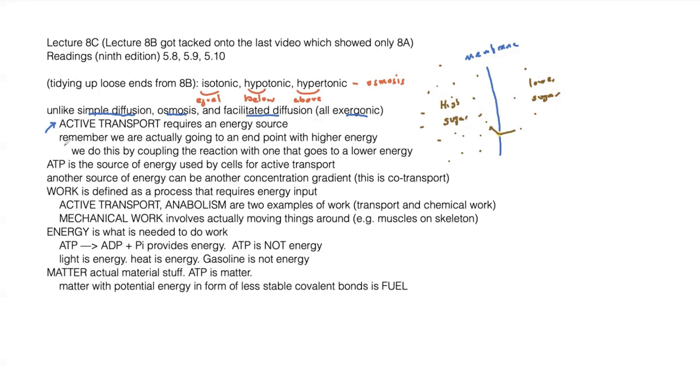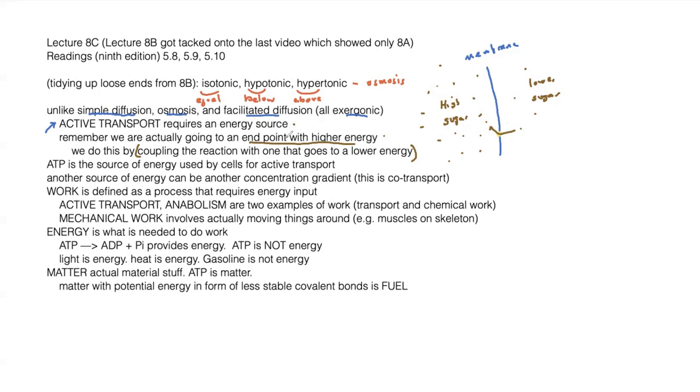Okay? So I've covered the idea that we're having an endpoint with higher potential energy. That's kind of important. And in order for us to do that, the energy has to be coming from someplace. In this case, we're using a reaction that's going to be going to a lower state of free energy, right?